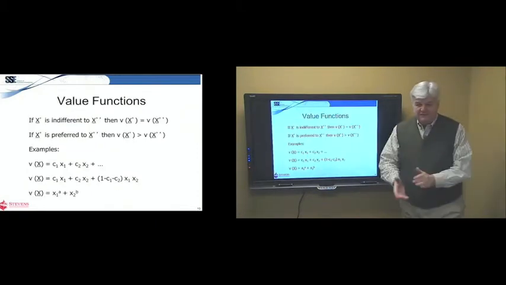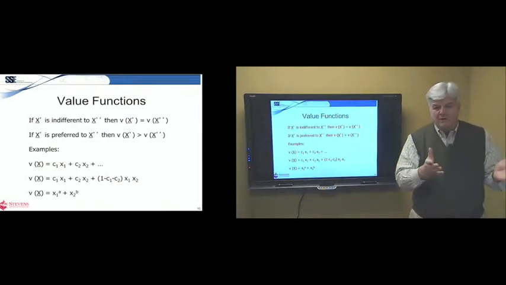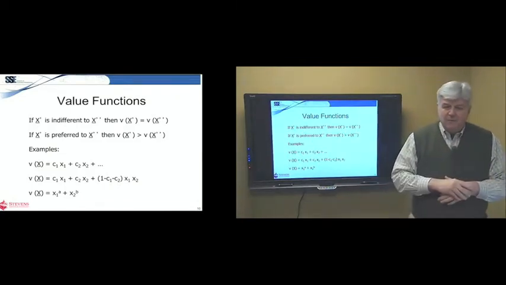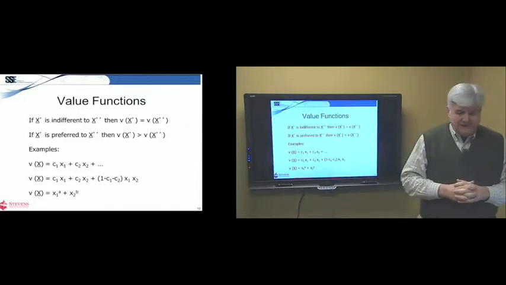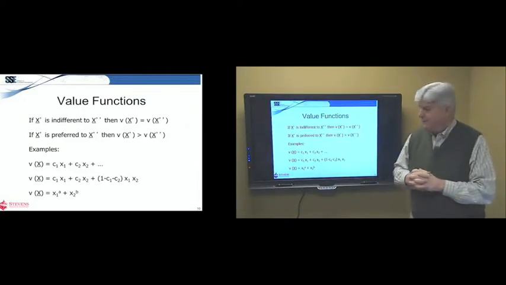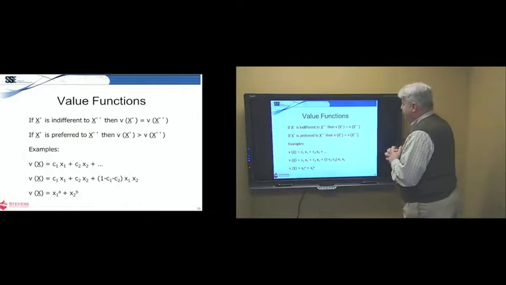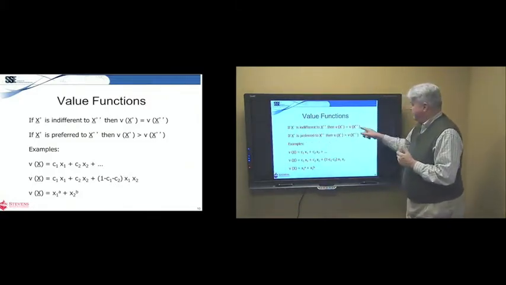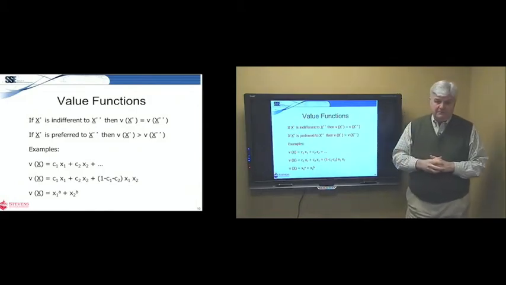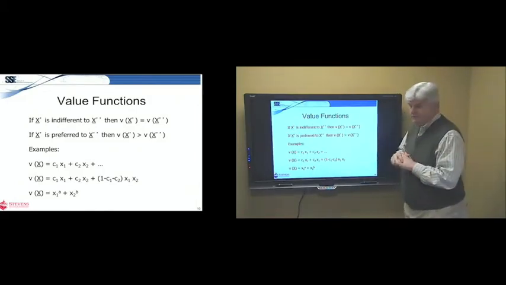So now let's talk about value functions. We couldn't find one alternative dominating every other. Well, lexicographical ordering was an unacceptable process, and so we've actually got to come up with a value function. So by definition, if we're indifferent between two alternatives, their value must be equal. That's the definition of indifference. The value is equal.